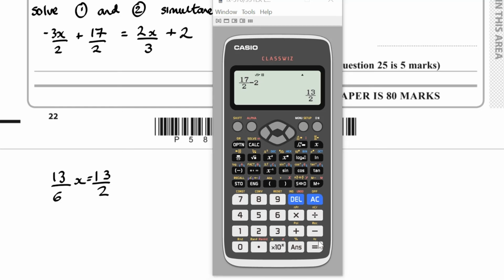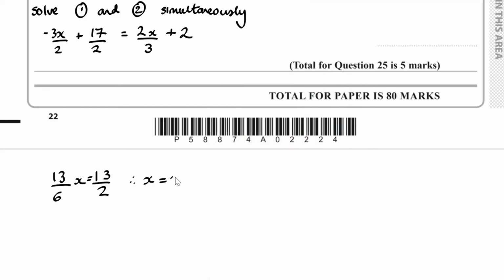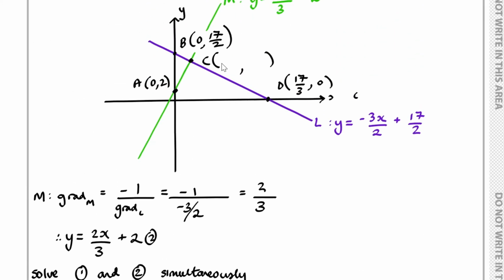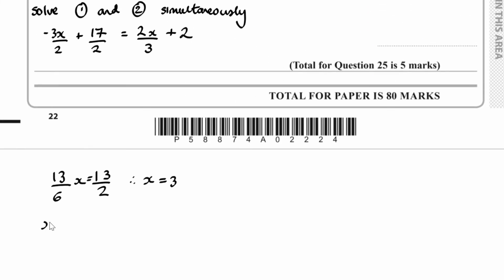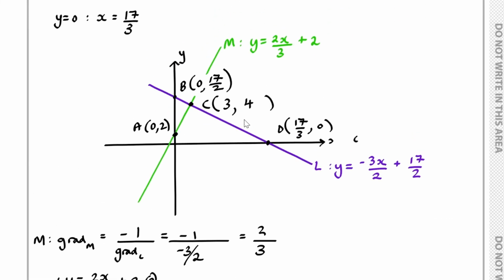Okay, so if I multiply this by 6 and then divide by 13, turns out x is equal to 3. Okay, so x is equal to 3, that's the x coordinate of C. And the y coordinate we can find by substituting into either equation. So when x is equal to 3, y is equal to 2 thirds lots of 3 plus 2. So here we've got 2 plus 2, which is 4. So the corresponding y coordinate is 4.